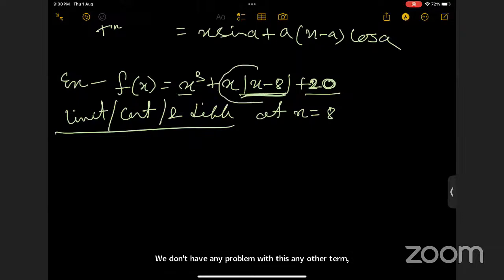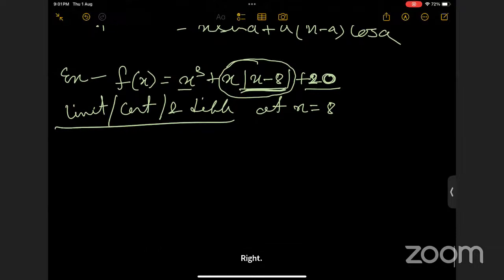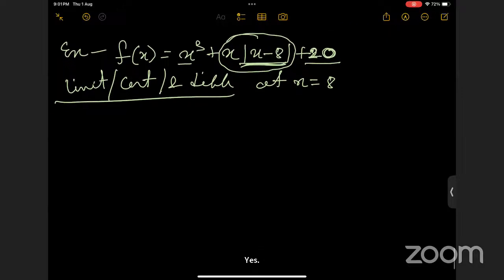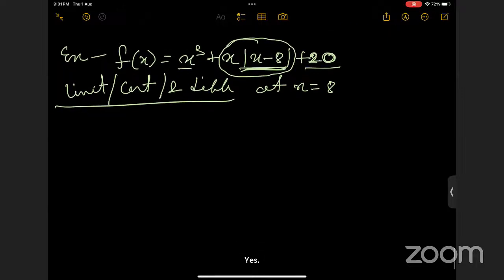Only we have a problem with this term, right? So if you have no problem with this, then we can move to the next question.